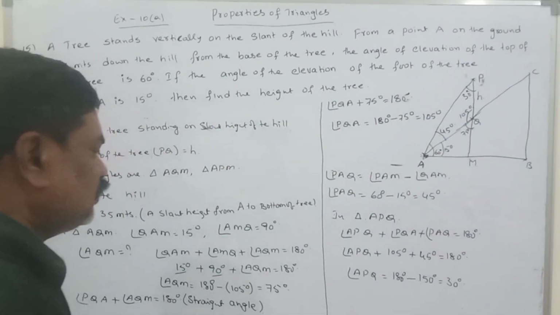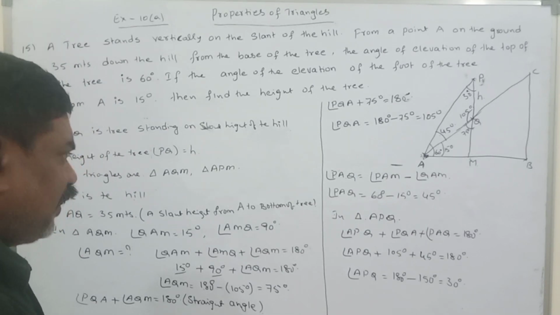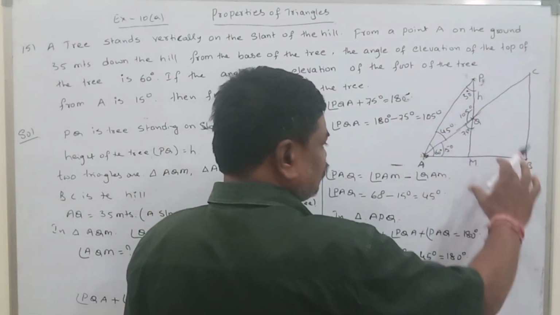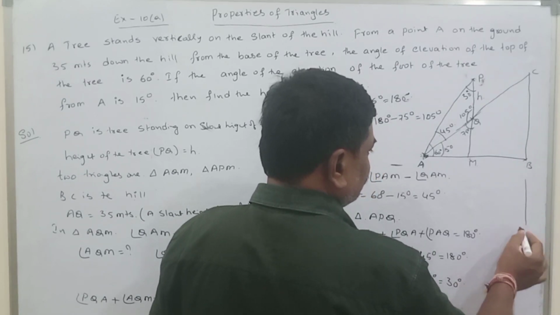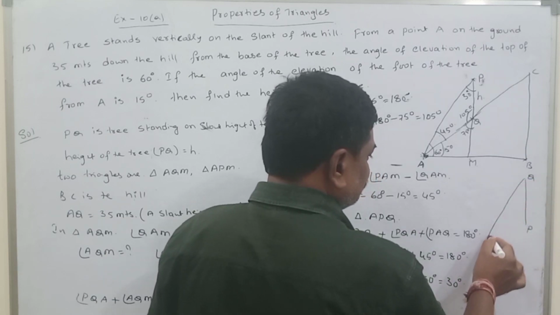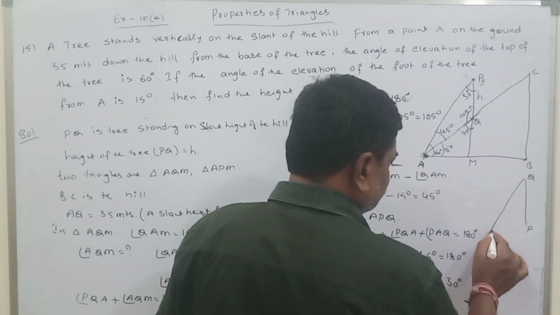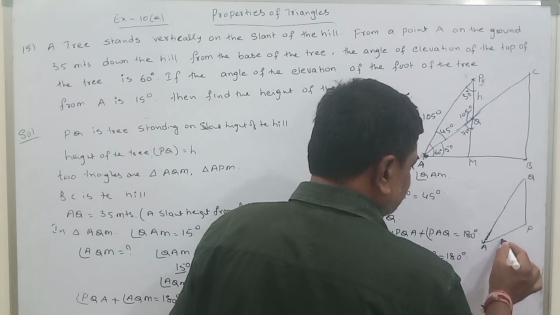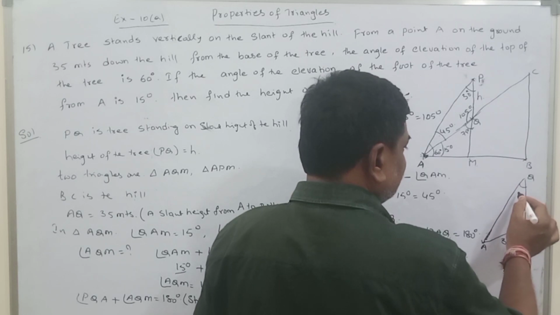Okay, all of you. So we have the triangle. You write this triangle separately. This is PQ, and this is the point of observation, and this is the point A, and this is the slant height 35 meters, and this angle is 30 degrees.